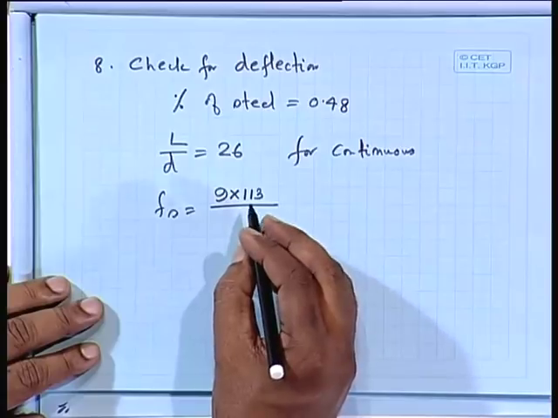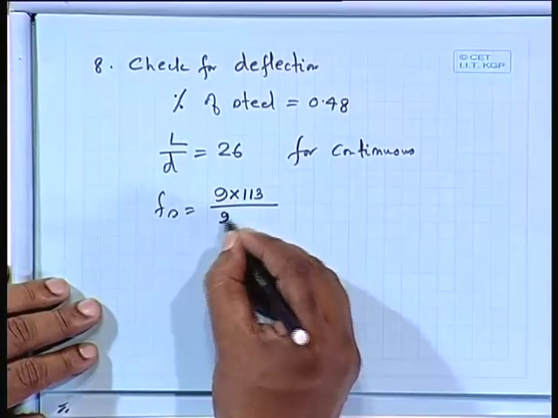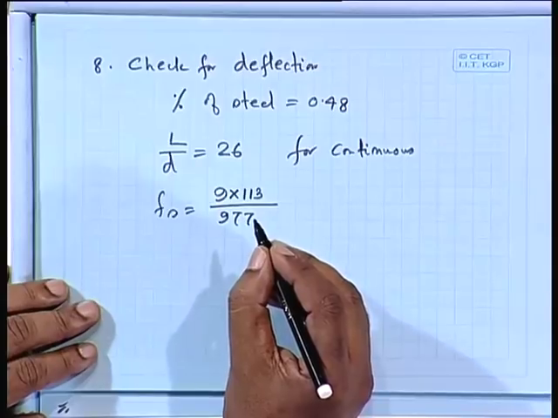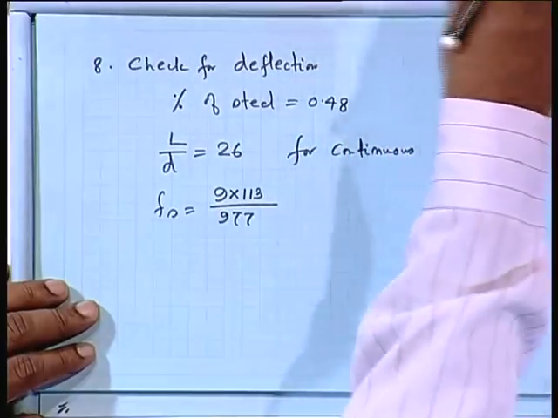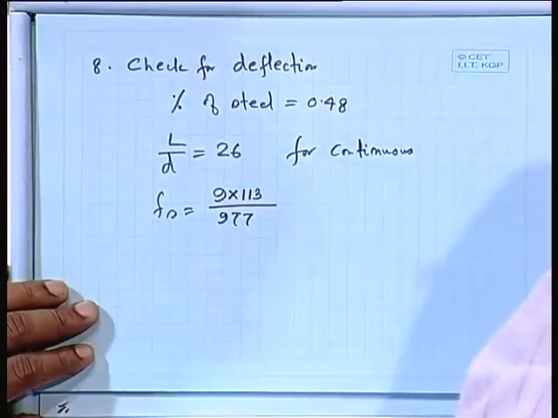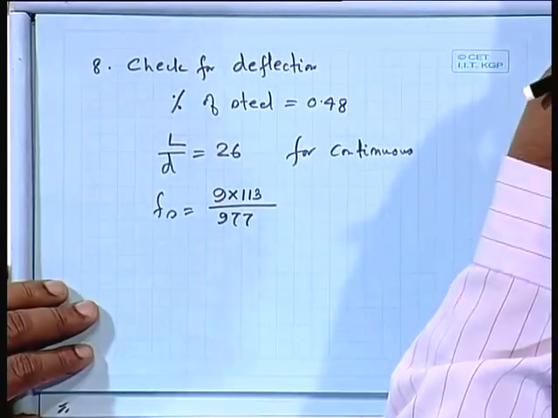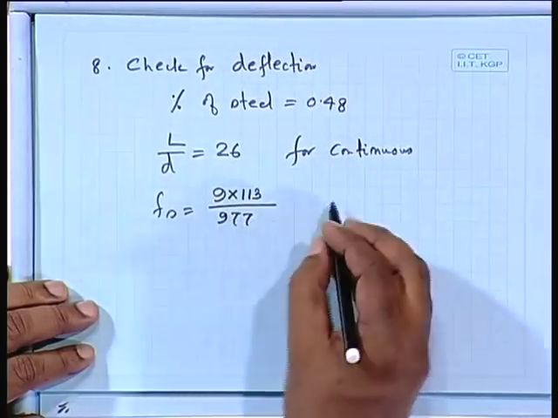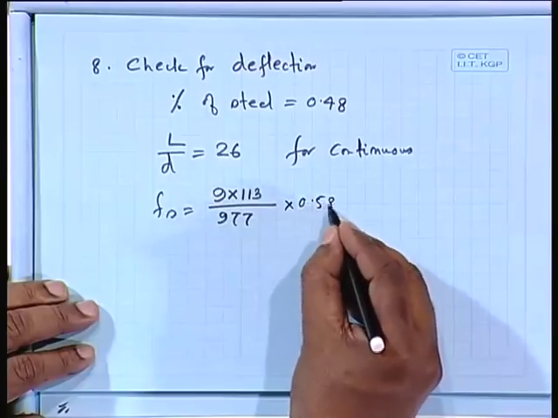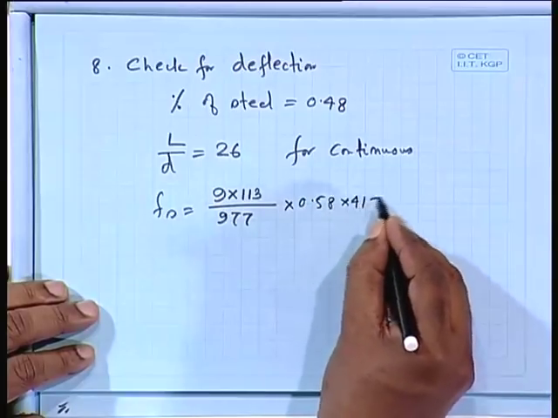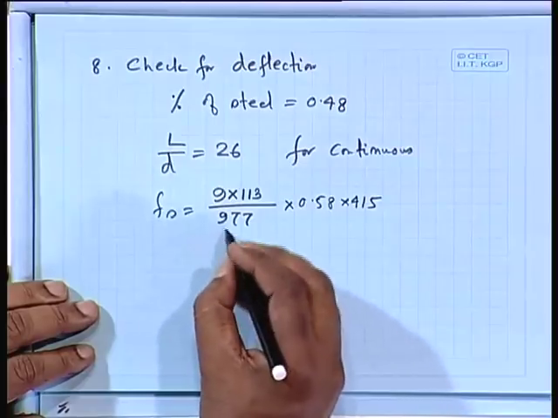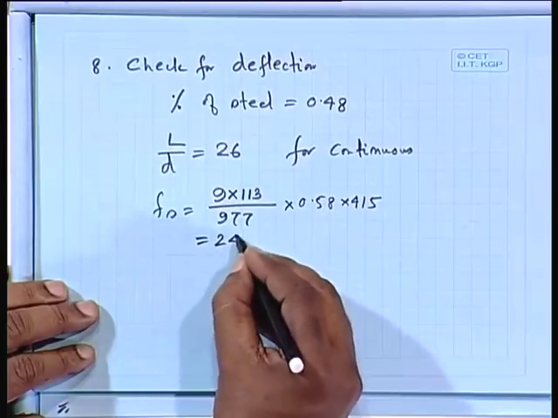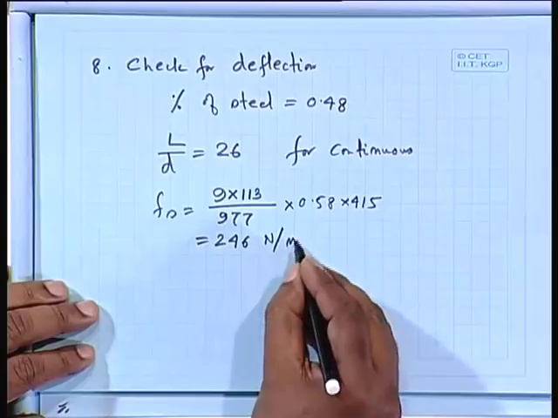We have to provide 977, that is the one we have to provide, isn't it? That we have computed, 977. So, 9 into 113 times 0.58 fy times 415, so that is your FS, and which comes as 246 Newton per square millimeter.